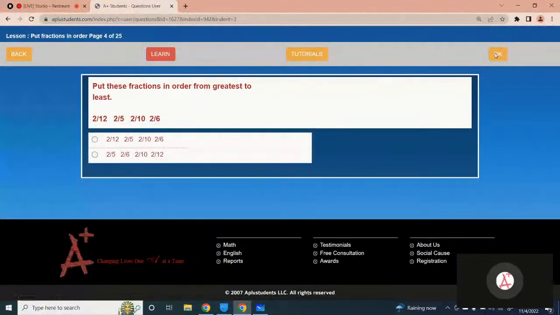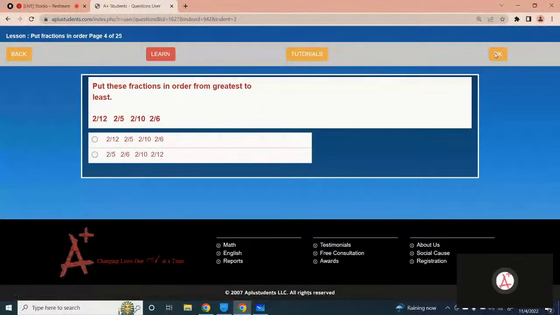Okay, put these fractions in order from greatest to least. So they are 2 by 12, 2 by 5, 2 by 10, and 2 by 6. So which one is the greatest one and which one is the least one? Which option is the correct one, first one or second one? 2 over 12, 2 over 5, 2 over 10, and 2 over 6.